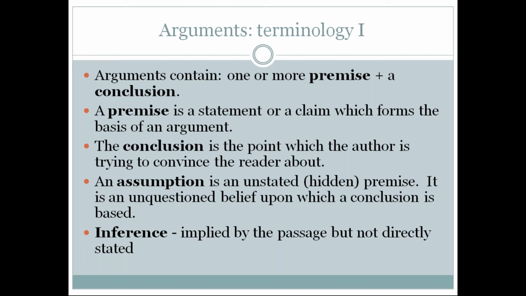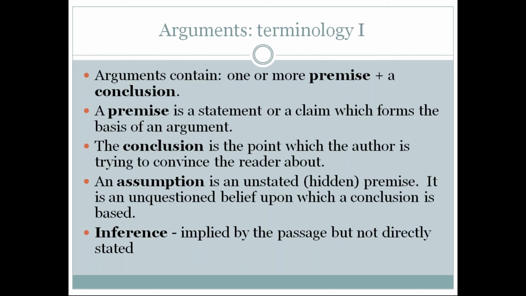Philip, I have a brief question about distinguishing between conclusion and inference. Okay, good. So an inference is something implied, yes? Yes. But what about a conclusion? Does conclusion overlap with inference? The difference is that the conclusion should be directly stated. That's one difference.